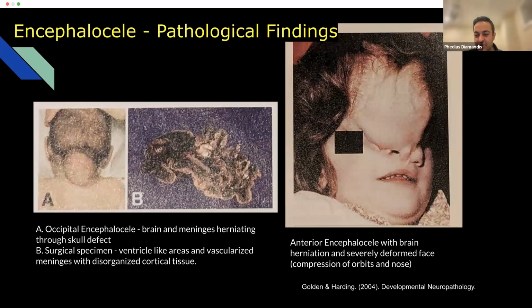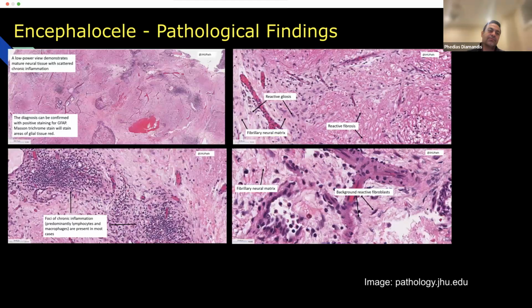The other image shows an anterior encephalocele with brain herniating through this ethmoid nose area due to the defect in this area too. So non-random pattern may suggest some defect in that neural tube closure that could be subtle. This is just my theory, but something that I thought was interesting to note.